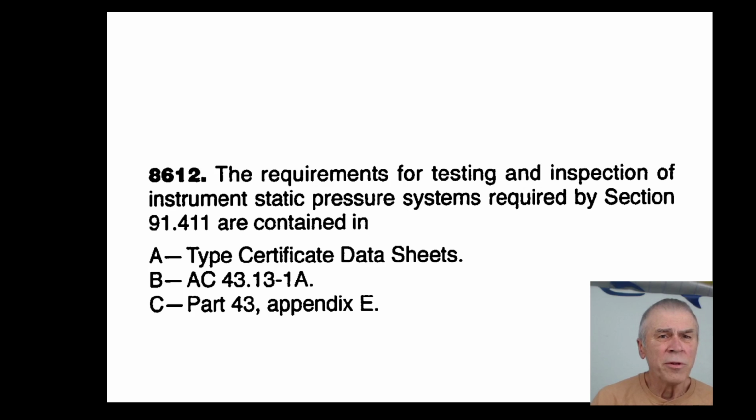Question: the requirements for testing and inspection of aircraft static pressure systems required by Section 91.411 are contained in... they're referring to the appendix. Answer: the specific requirements is the appendix to Part 43 that we've already looked at.